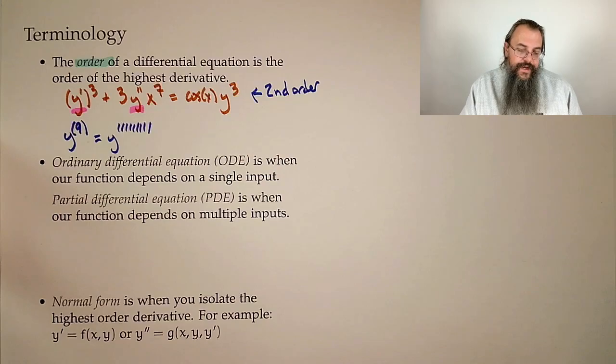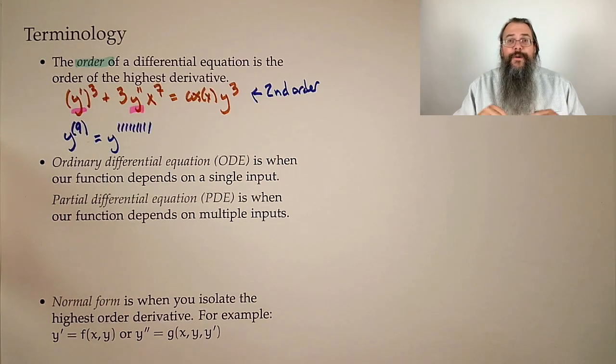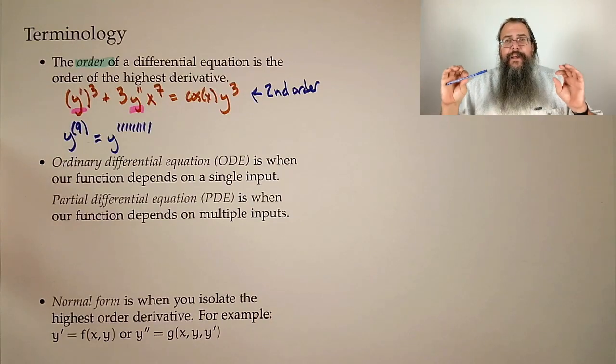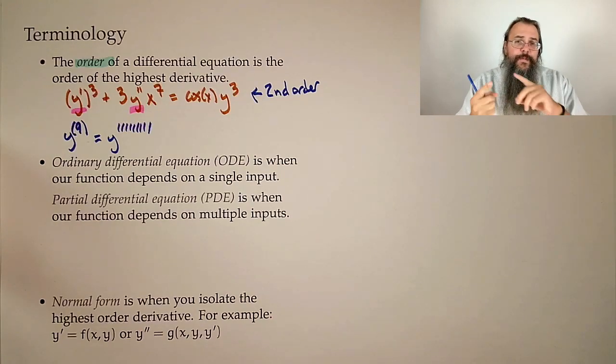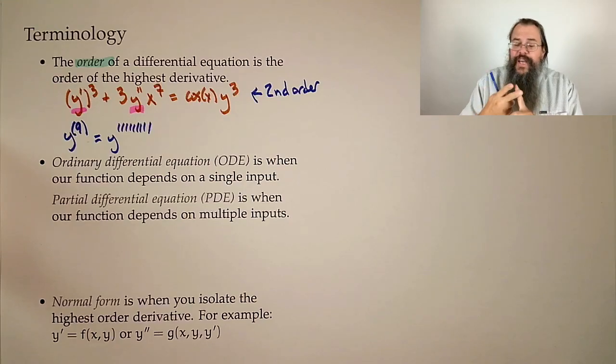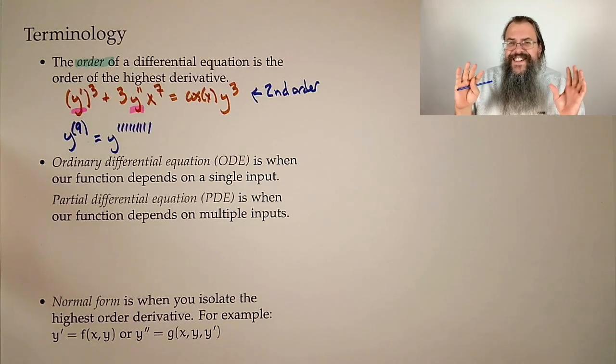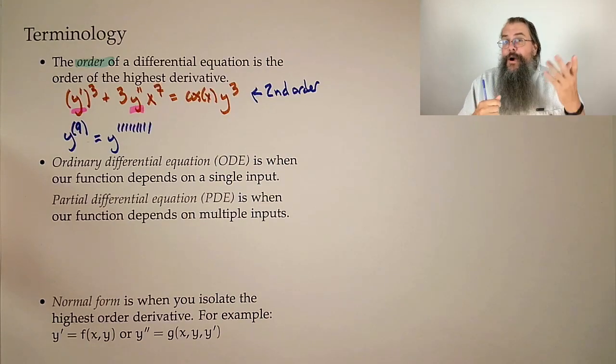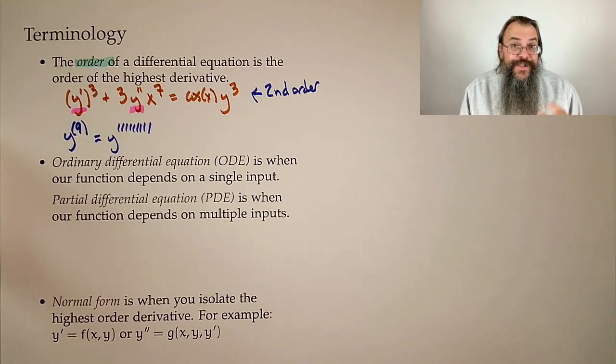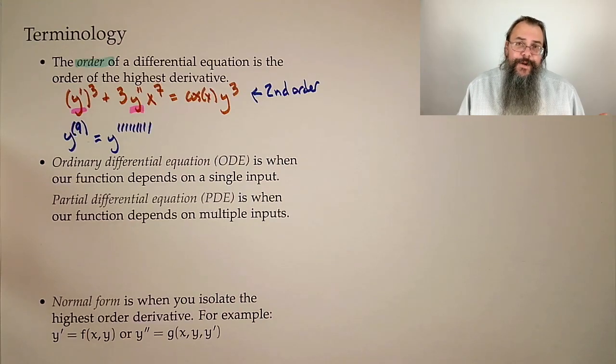So just keep that in mind when you're looking at your notation. All right, good. So now we know what we mean when we say order. The majority of the time this semester will be either first order or second order. From time to time, we might dip our toes into third or fourth, but not really too much. We're already going to have enough of a challenge with just first and second, so we don't need to work too hard to challenge ourselves.